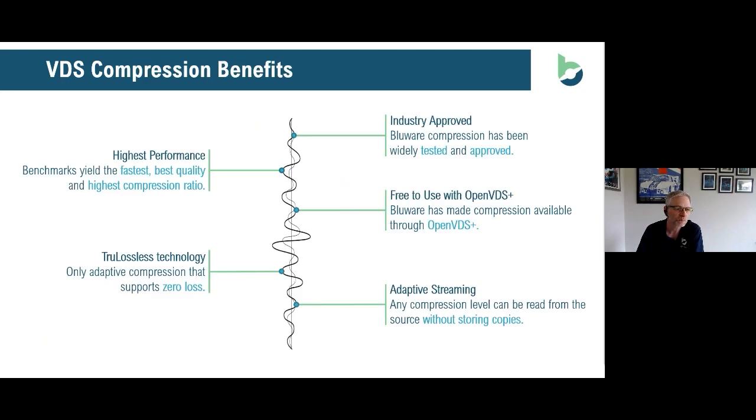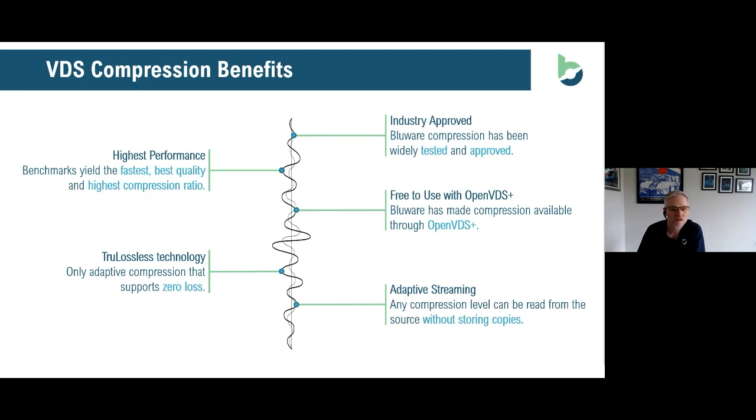So the benefits of compression are, it's industry approved. We've had approval from major oil companies, seismic processing companies, national oil companies, independent software vendors, cloud technology providers, and also experts within other industries such as medical, test our compression, and they all come back validating the quality of the compression.